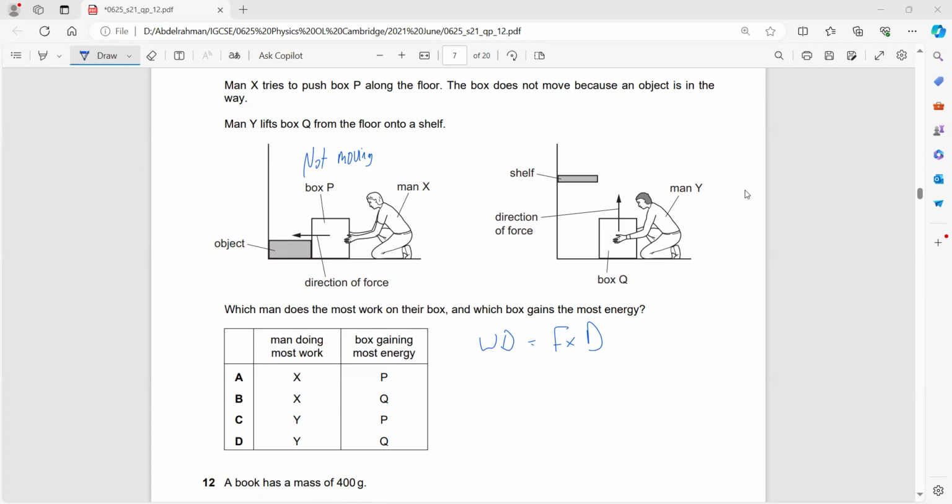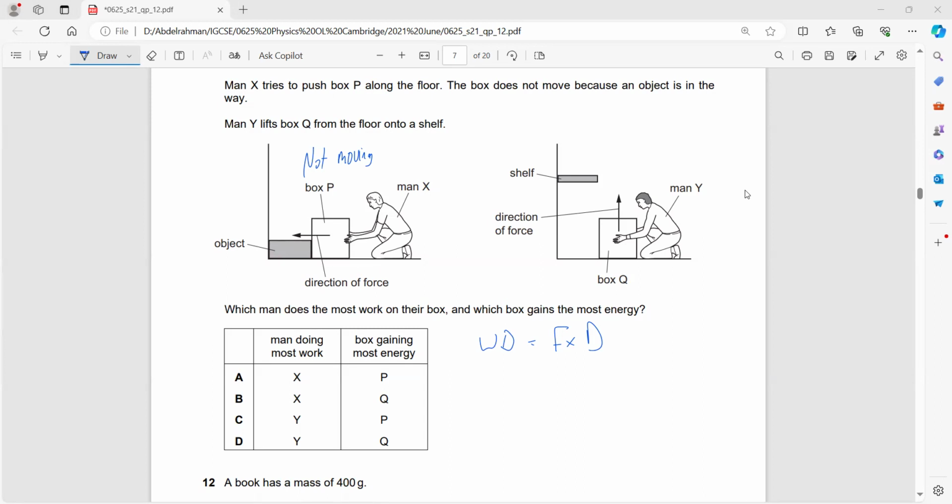So basically, man X is not doing any work. He's just applying some force, but he is not doing any work. There's a huge difference between applying a force and actually doing work. You can apply force on a wall, for example.